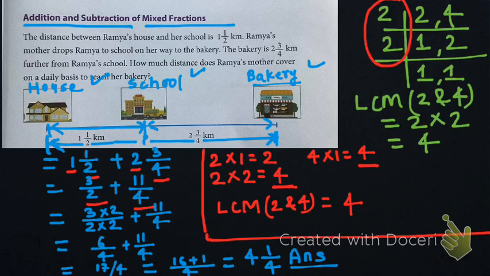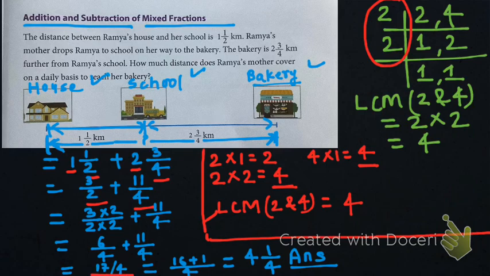Why have we written 17 as 16 plus 1? Because we want to convert this fraction into a mixed fraction. In the question we have been given mixed fractions, so we also need to convert our answer into a mixed fraction.